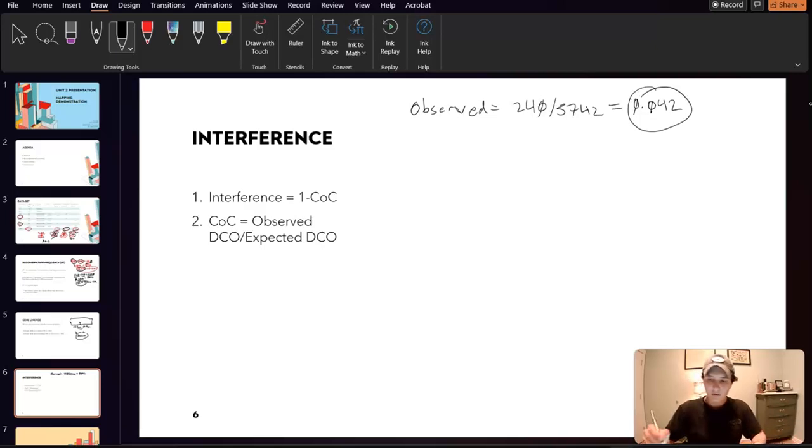So there's our observed. And for expected, you're going to use your mapping units, your recombination frequency, because that can determine what double crossovers you would expect to see, right? So we have the probability for B crossover is 0.185 times C's probability of crossing over, 0.387.